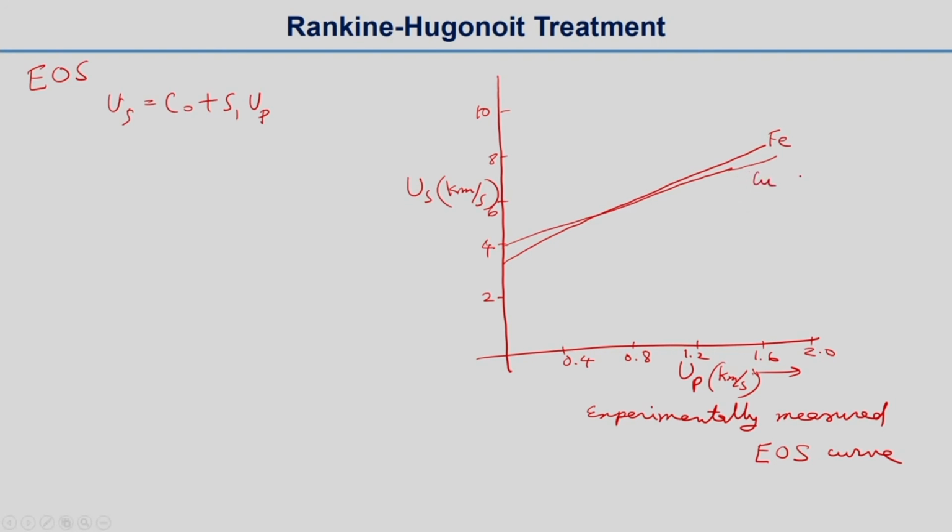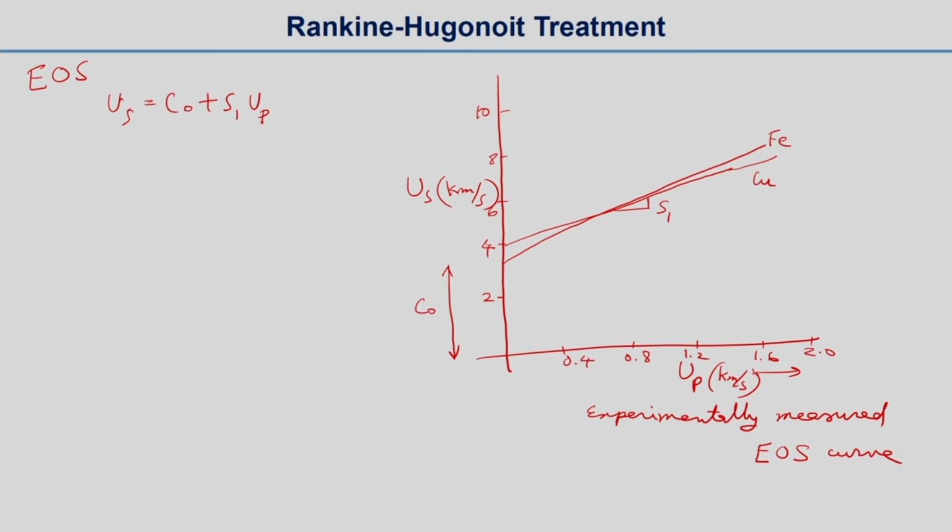So, these will be straight lines, as you can see the intercept is C naught, and then the slope is S1. So, these are the relations we can have from the equation of state, as we discussed.